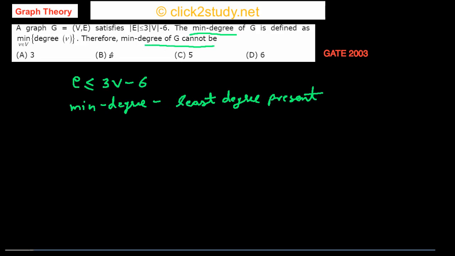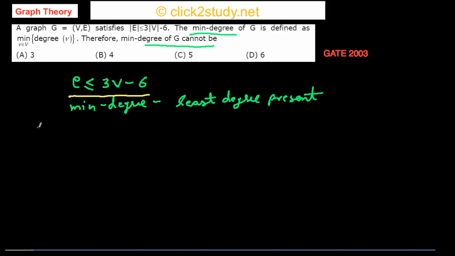Which of these four options is possibly not the min degree of this graph? So how do we do this problem? What is given to us is E is less than 3V minus 6.